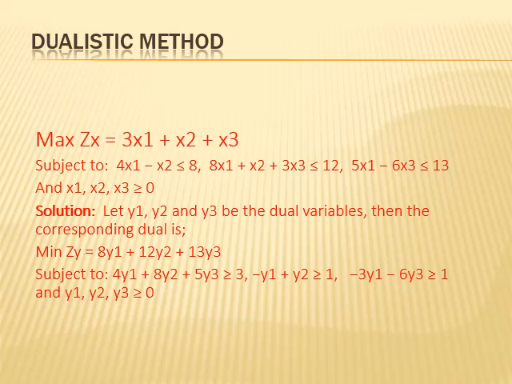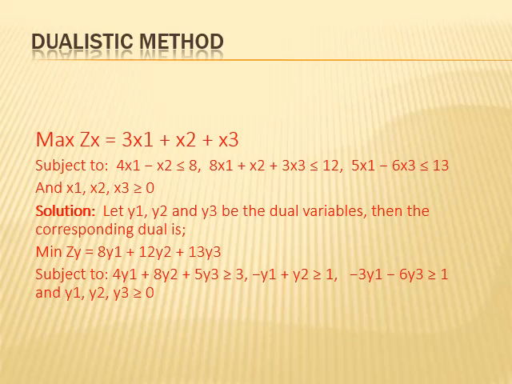The first vertical column of the primal constraints will be the first row of the constraints in the dual.